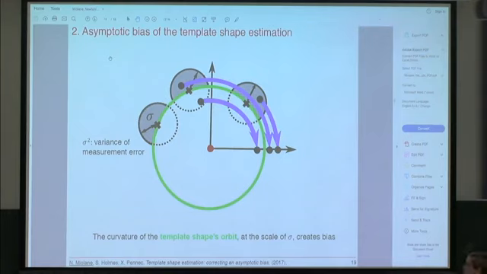Because of that, when you compute the Frechet mean in the quotient space, there will be a bias because it will be outside, so greater in that case than the template shape orbit. So we can say that the curvature of the template shape orbit at the scale of sigma, which is the standard deviation of the noise, creates the bias.